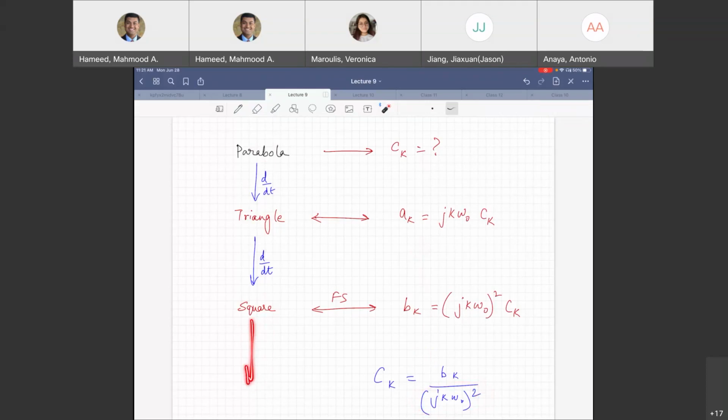So you could go here and you could also evaluate it, because the Fourier series coefficients of the impulse train is also a standard result. So you can use a standard result for square, or you could use a standard result for impulse train, up to you. There's a difference. If you use it for square wave, you will have a sinc in there, which means that there is already some math that has been done for you.